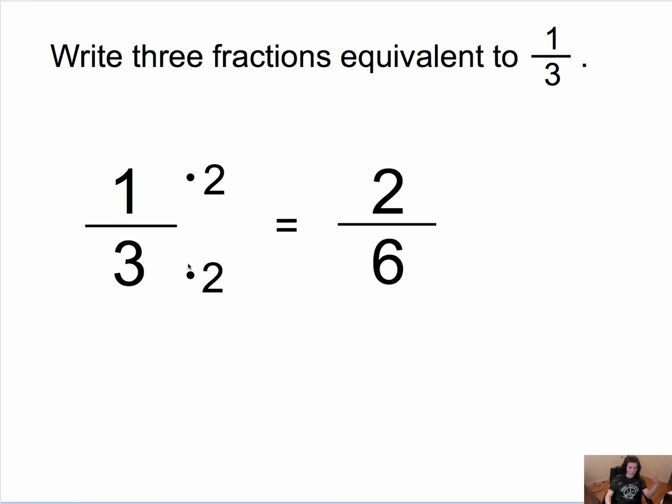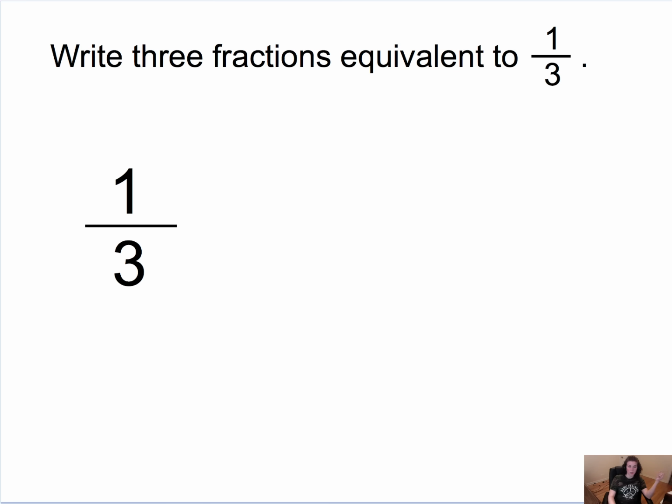Okay, let's find another fraction that's equivalent. Remember, it's not asking us to simplify now, it's just saying equivalent fractions. So I took 1/3 again. Again, you can multiply by any number that you want. I chose to multiply by 3. So when you multiply 1/3 by 3 in the numerator and the denominator, you get 3/9. Obviously, it's not simplest form, it's just equivalent to 1/3. And then for my last one, that's only 2 fractions. They asked me to find 3.